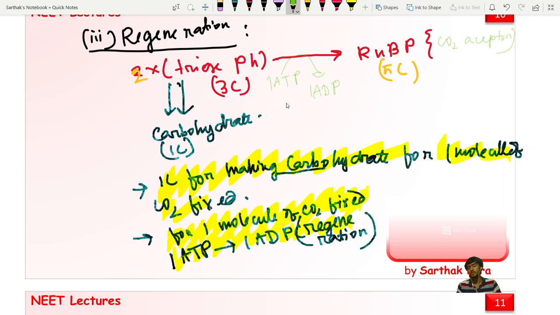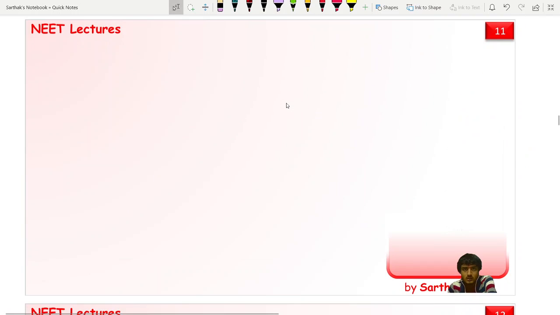Okay, so I am summarizing this whole Calvin cycle in a cyclic manner in the next slide. So what is happening in the first?